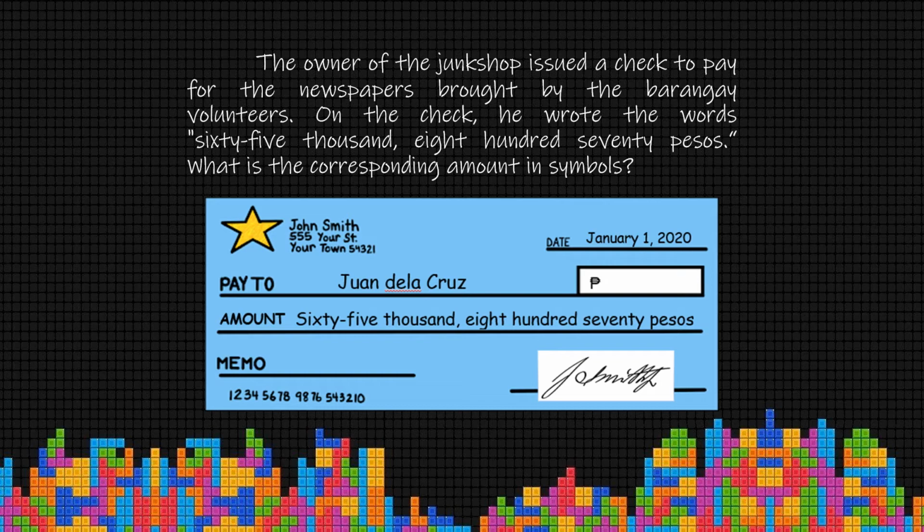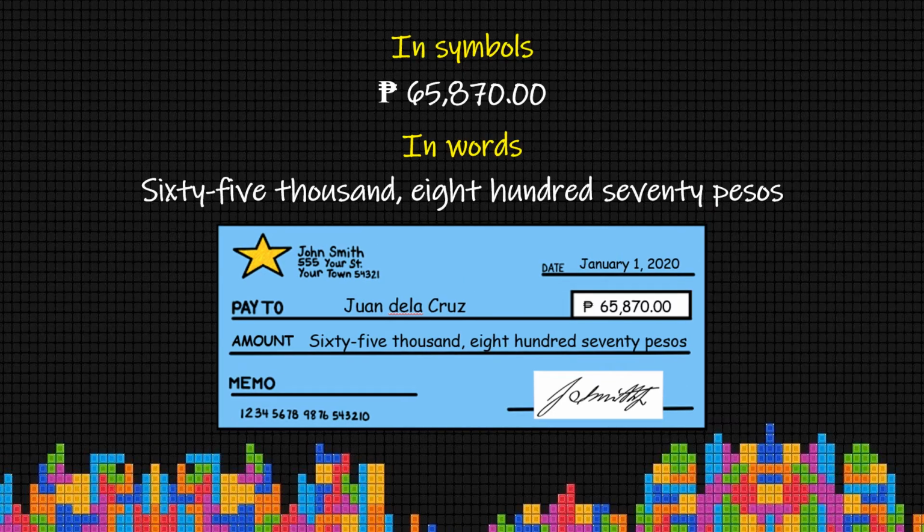What is the corresponding amount in symbols? So we write the amount in symbols as peso symbol 65,870.00. The amount is 65,870 pesos.